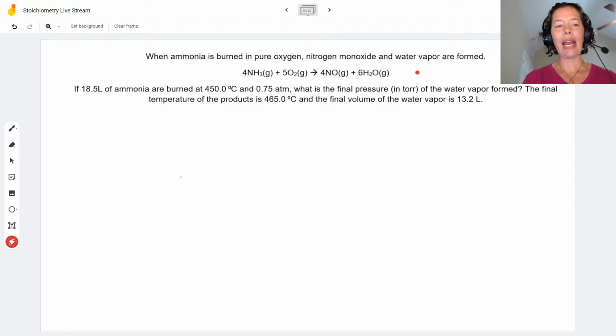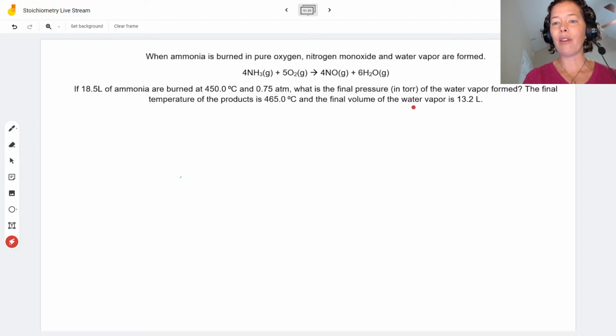And just looking at how much information we have, I am preparing myself mentally to use the ideal gas law twice. But let's go ahead and start with ammonia. The reason why I start with ammonia is because I have enough information to get moles. So sometimes if you're unsure where to start, just look at the information you're given.